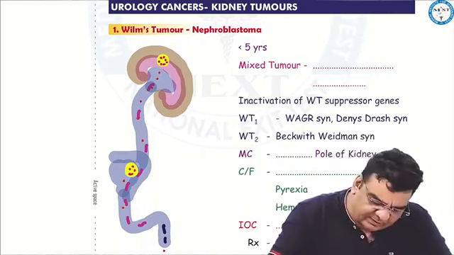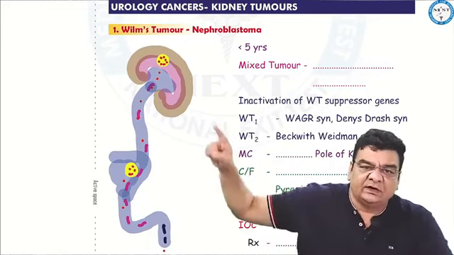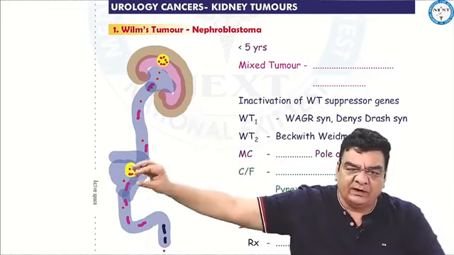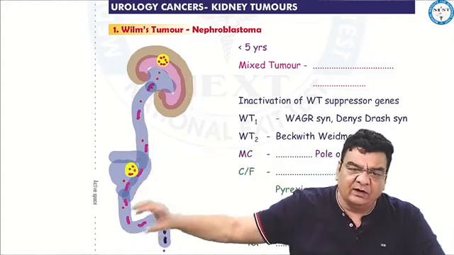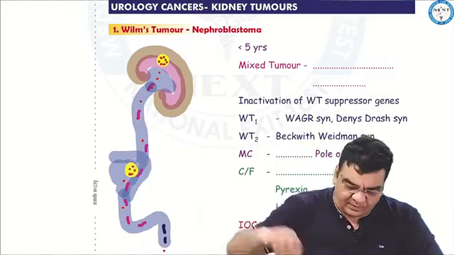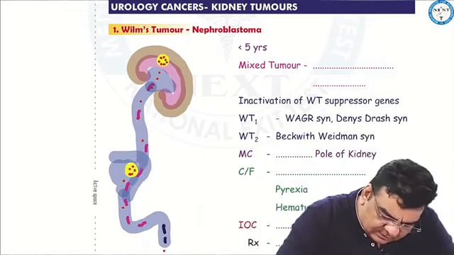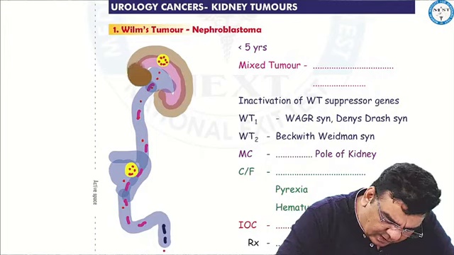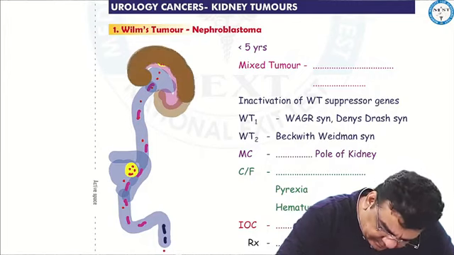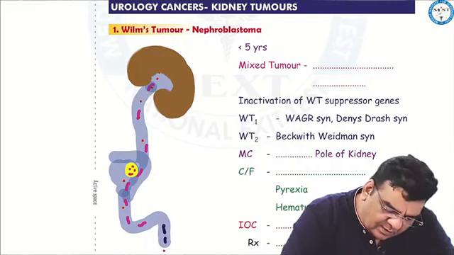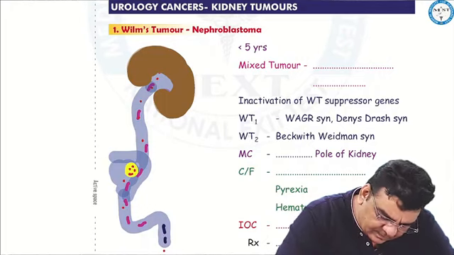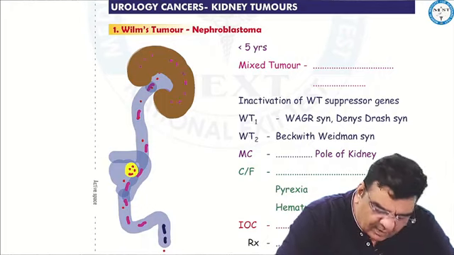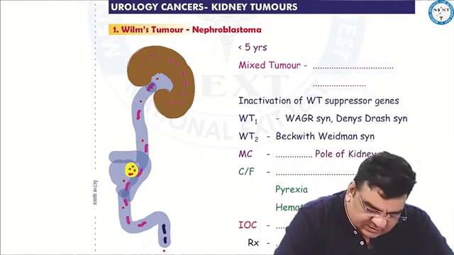In the urinary tract, as we can see, the kidney and the urinary bladder. Bladder is a reservoir, so the commonest site of malignancy in the entire urinary tract would be the urinary bladder. This is the outer part of the kidney. We know there are millions of nephrons here, and they have their collecting ducts.